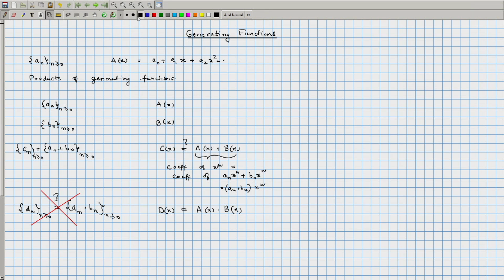So, the math is very simple. We need to determine the nth term of Ax times Bx, or rather the coefficient of x raised to n in Ax times Bx.